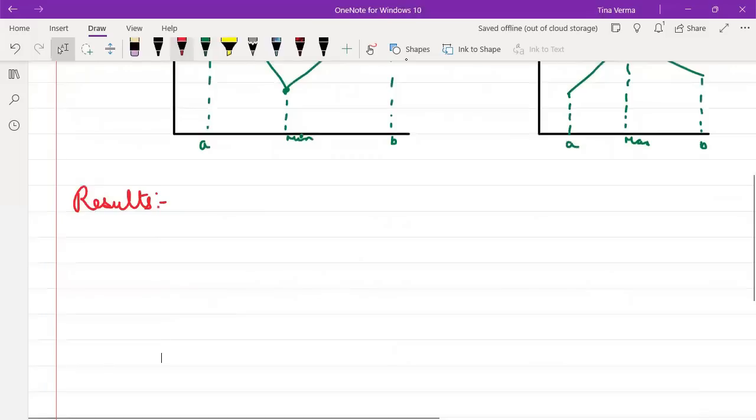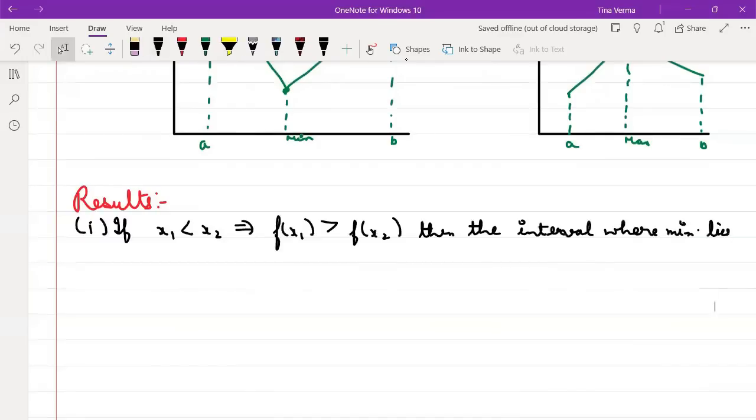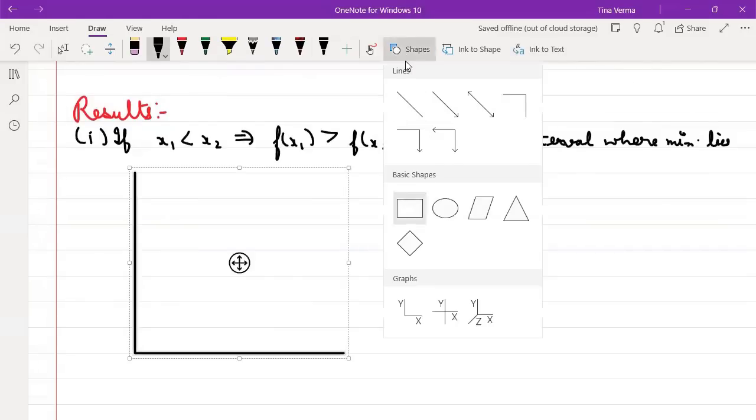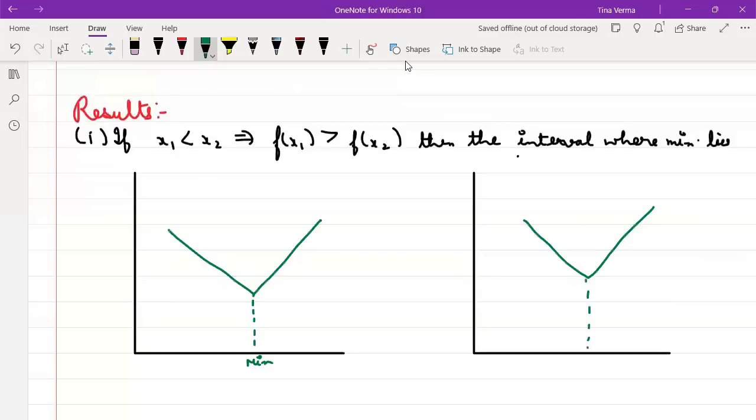So the first result is, if x1 is less than x2 implies function's value at x1 is greater than f of x2, then the interval where the minimum lies. मिनिमम की बात करें तो कौन सा फंक्शन होगा, when we are talking about unimodal function, it will be like this function. ठीक है, अब आप कह रहे हो कि आपका जो x यहाँ पे आपका मिनिमम लाई कर रहा है, right, and here it is also lying your minimum, and this is your point A and this is your point B.